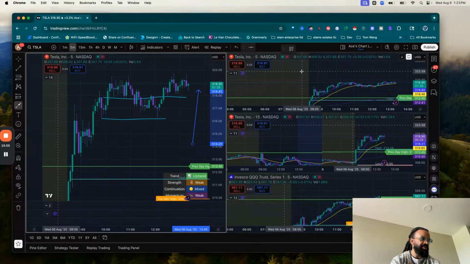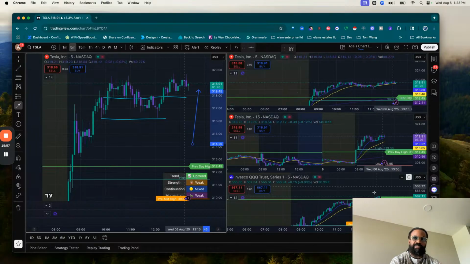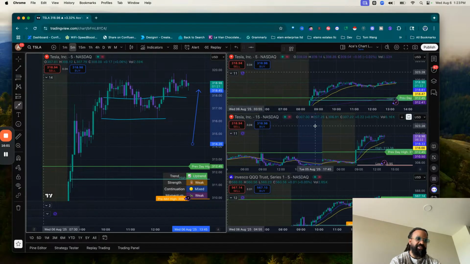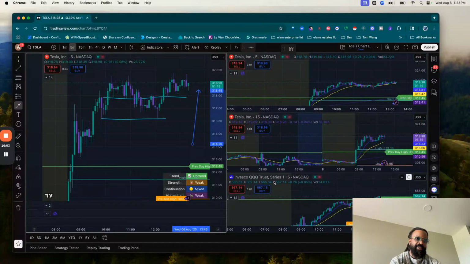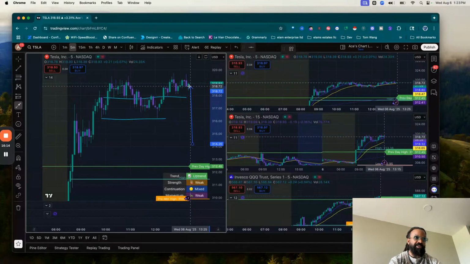If I pull this over, hopefully you all can see this. QQQ is at the bottom. So I have the Tesla 5-minute, Tesla 15-minute time frame, and then QQQ down here at the bottom. As long as QQQ is still trending up, I feel pretty confident about this potential trade. Just waiting for buyers to step in aggressively before we enter a trade.